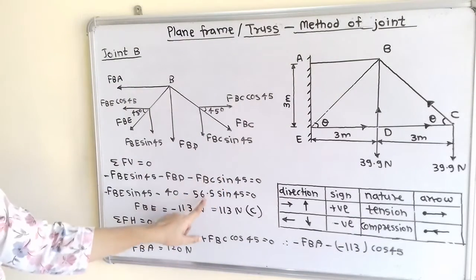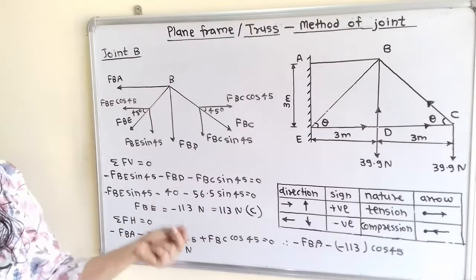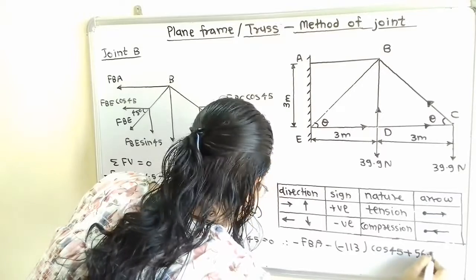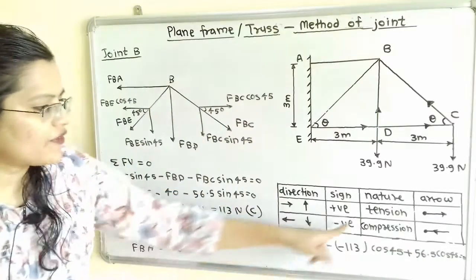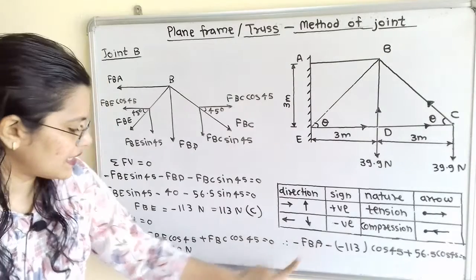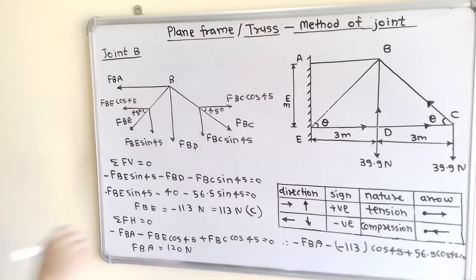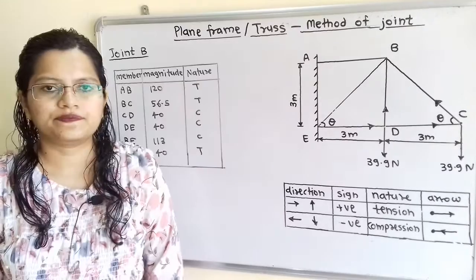So for FBC we have calculated 56.5, that is tension, that means positive value. So plus 56.5 cos of 45 is equal to 0. Now when we solve this, then we will get FBA is equal to 120 Newton. Now it is having positive sign, so we will write here as a tension.